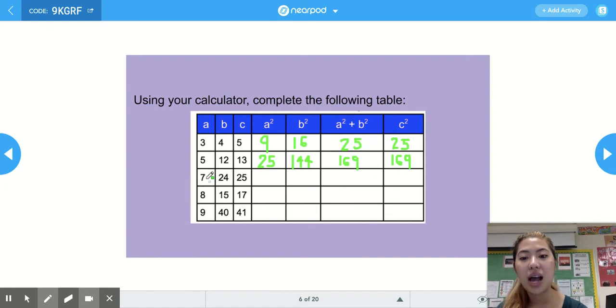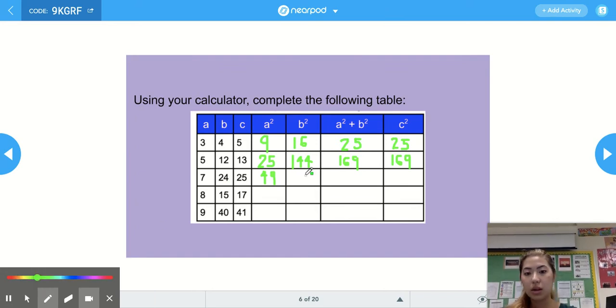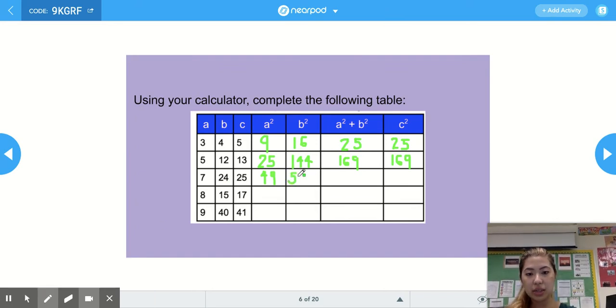Then if we have 7, 24, and 25, 7 times 7, or 7 squared, is 49. 24 squared is 576. 49 plus 576 is 625. And then 25 squared, which is 25 times 25, is also 625.